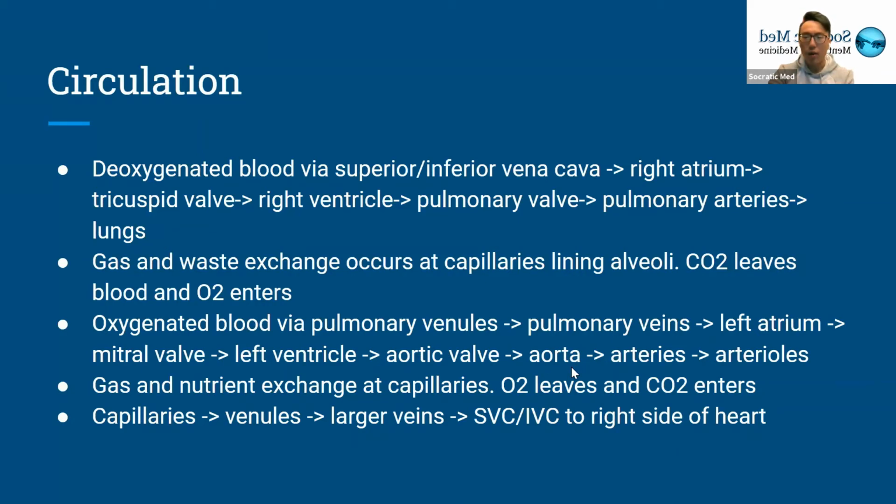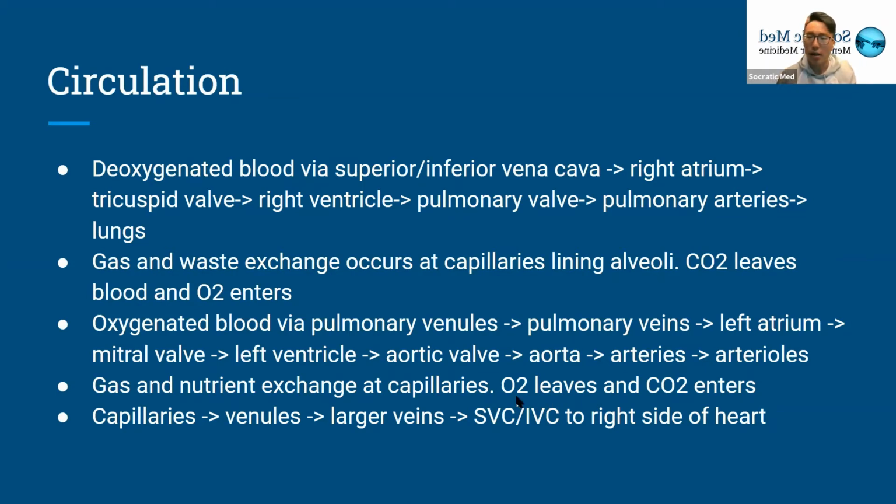The aorta will divide into smaller arteries and then even smaller arterioles. Once it reaches capillaries, the gas and the nutrients will be exchanged from the blood to the interstitium at the rest of your body.